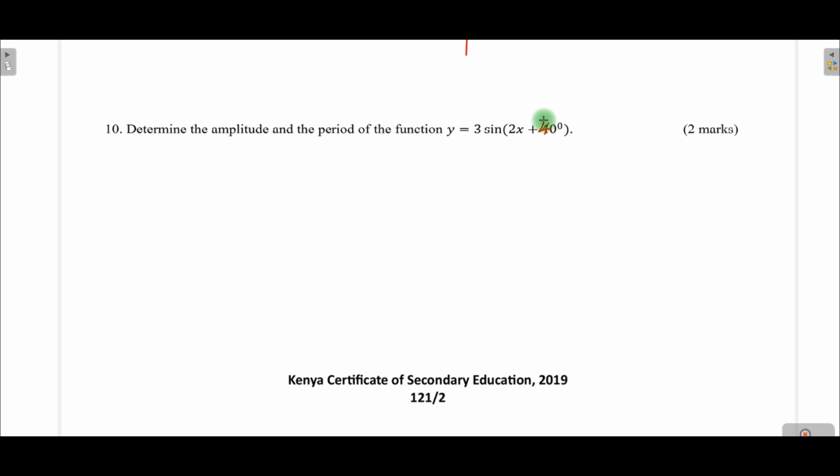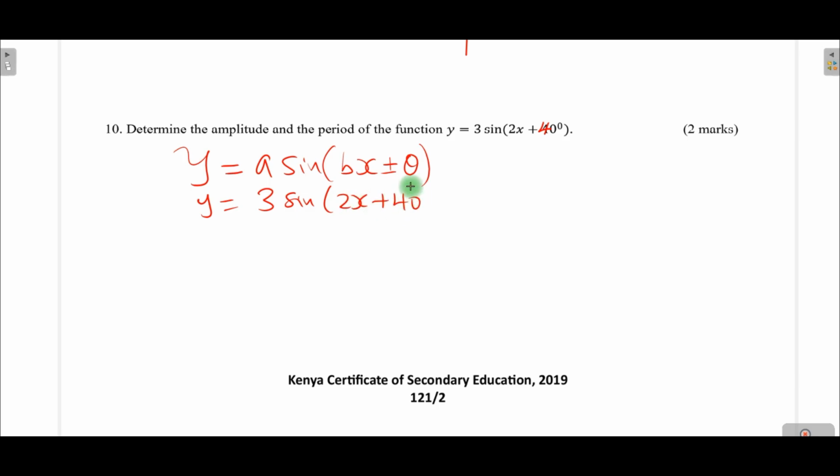And therefore, since this trigonometric function is of the form y is equal to a sine bx plus or minus theta, whereby A is the amplitude, we have y is equal to 3 sine 2x plus 40, where theta is the phase angle.